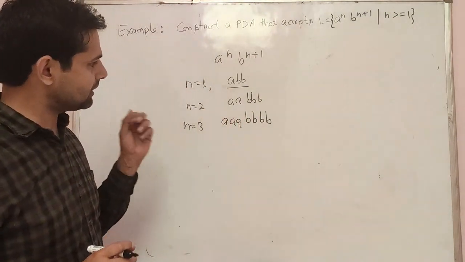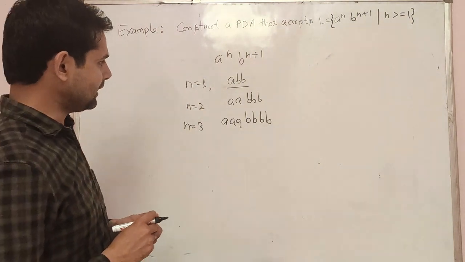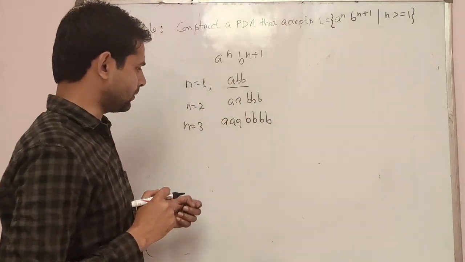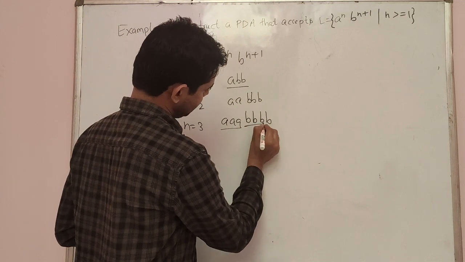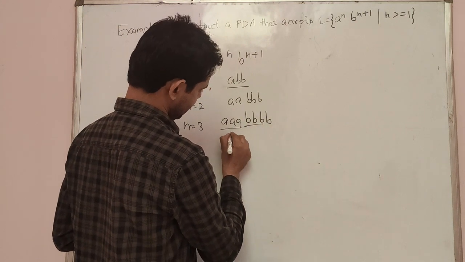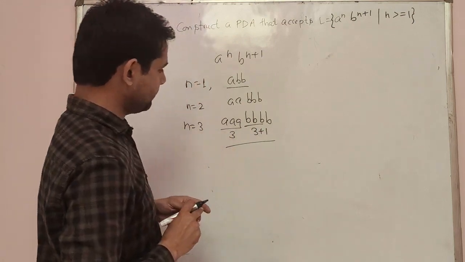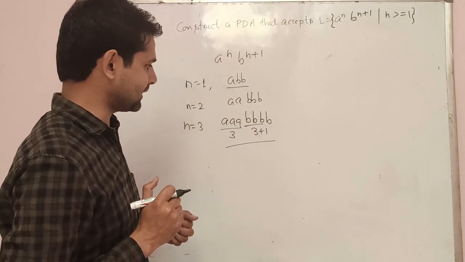Then in that case, what will be the logic for designing the pushdown automata? We have one more B than the number of A's. For example, if we have 3 A's, then we have 3 B's plus 1, right? So what will be the logic? First of all, we will store all A's into the stack.